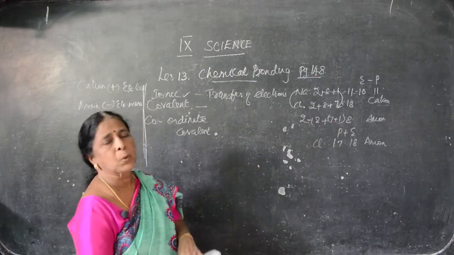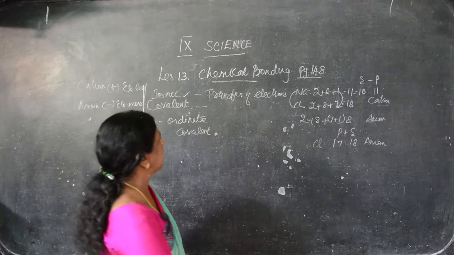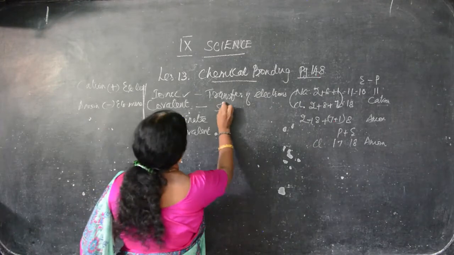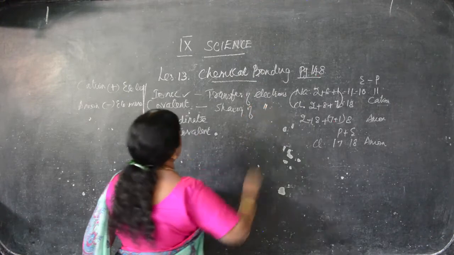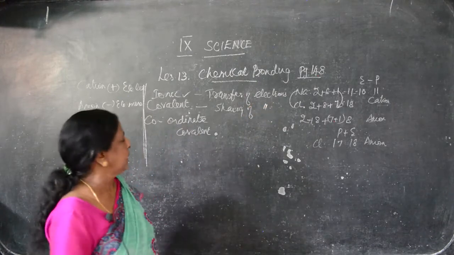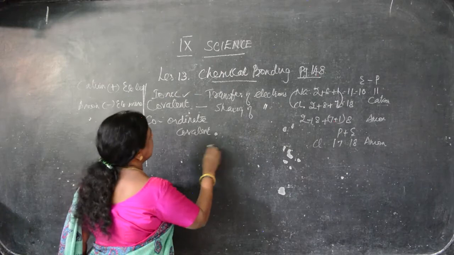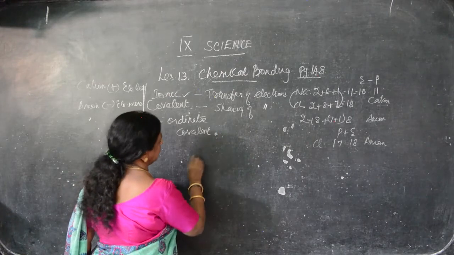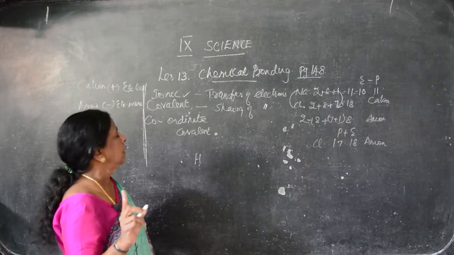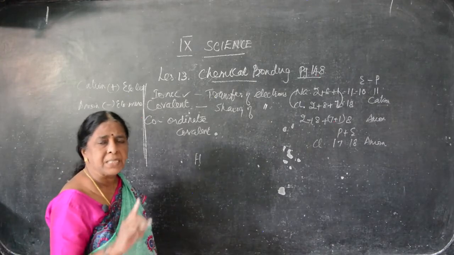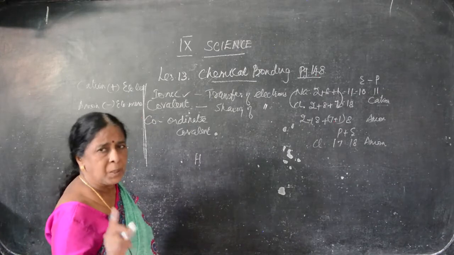Now covalent bond. Covalent bond is not transfer, it is sharing of electrons. For example, hydrogen. Hydrogen is the lightest element we know. Hydrogen atomic number is 1. Two hydrogen atoms never stand alone, they will always be in the molecule state.